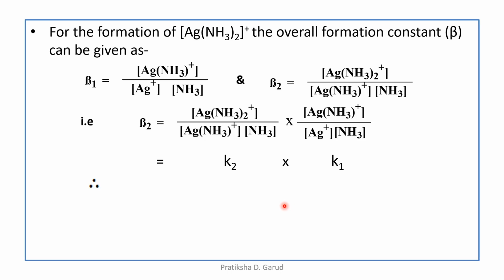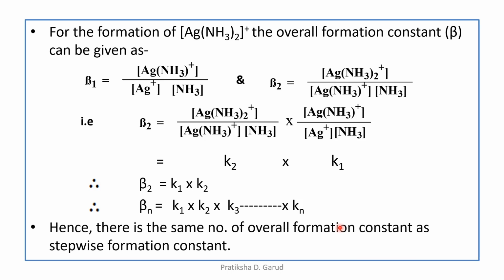That is, we can say that beta 2 is equal to K1 into K2, right? So therefore Bn is equal to K1 into K2 into K3 up to Kn. Hence there is the same number of overall formation constants as the stability formation constants. So this is a correlation between the stepwise formation constant and the overall formation constant, that is small k and beta.